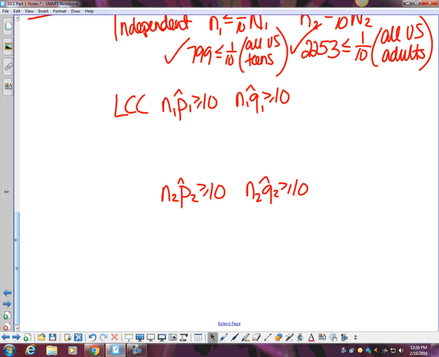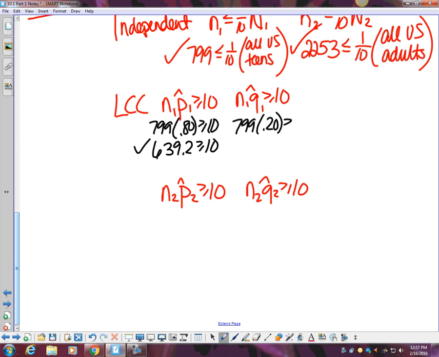And then we put numbers in here. And let's see, that was 80%. And that turns out to be 639.2, which is definitely bigger than 10. And 799 times 20%, and that's 159.8. Make sure when you're doing this, some of you are getting real sloppy in here and just sort of flying through this.